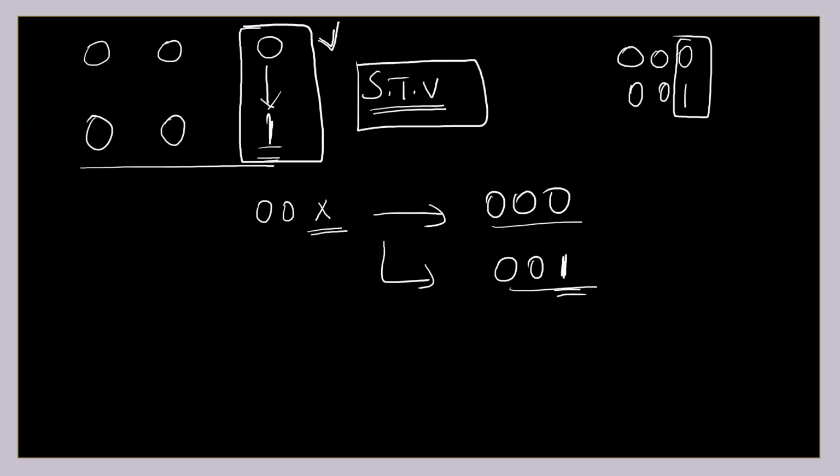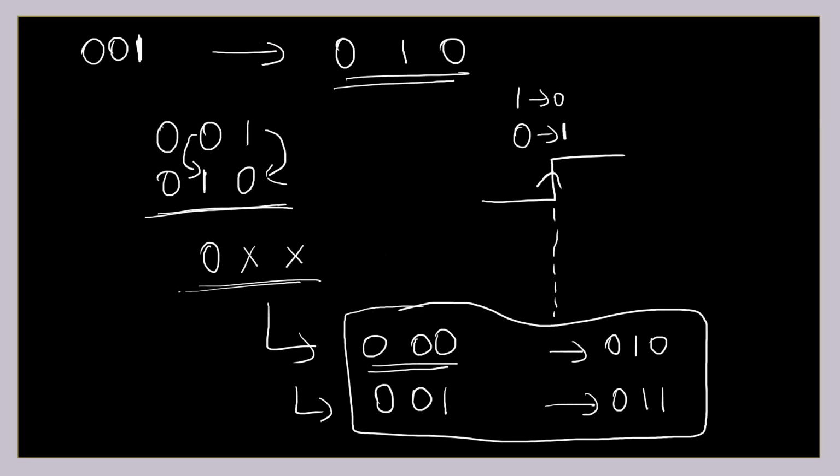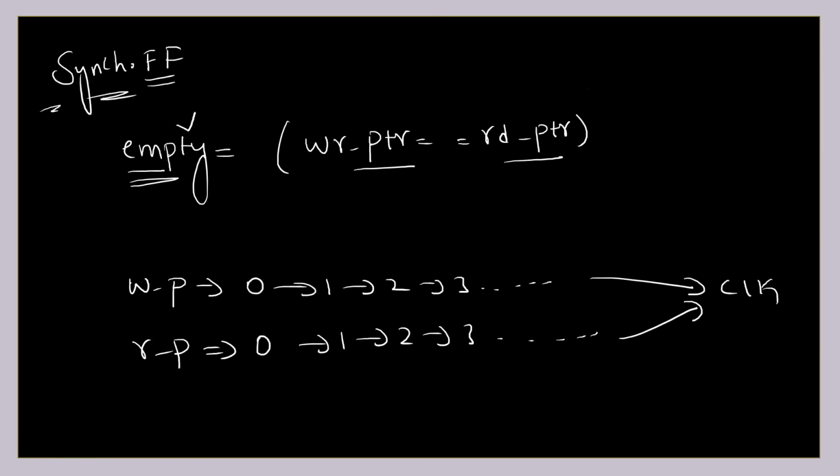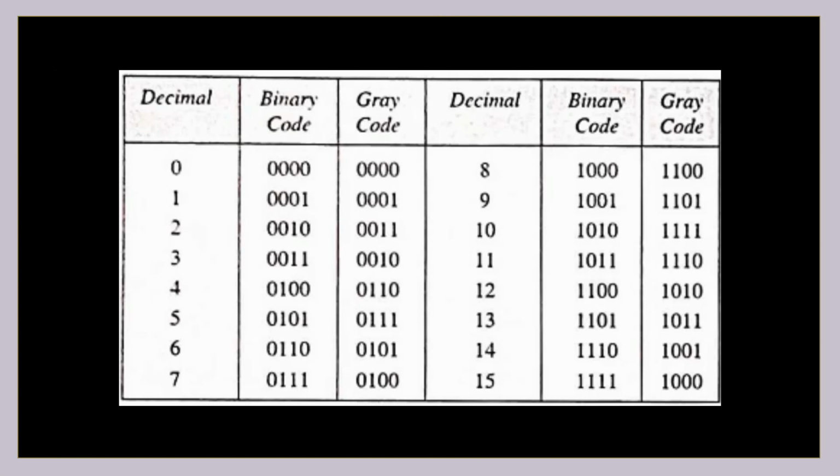So if we use a gray pointer, then this metastable condition or the ambiguity condition which we were having will be completely erased. So that is the reason we prefer gray pointers when we transfer read pointer values from one clock domain to another clock domain, or write pointer values from one clock domain to another clock domain. We convert them into gray code and transfer them.